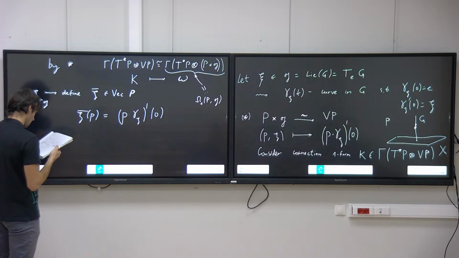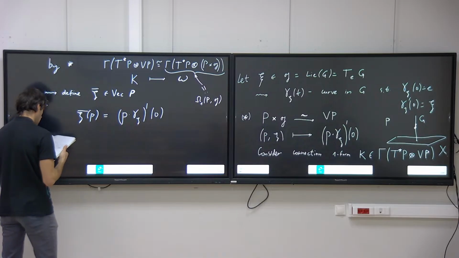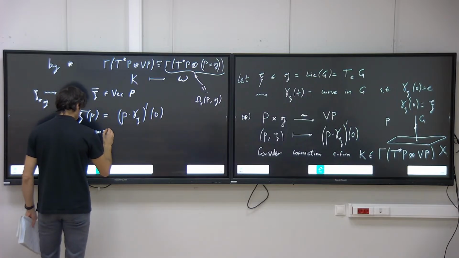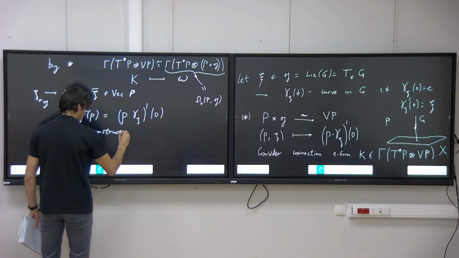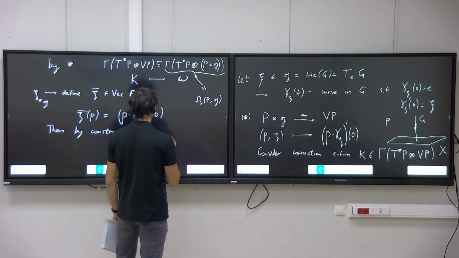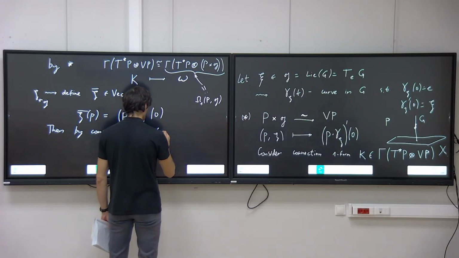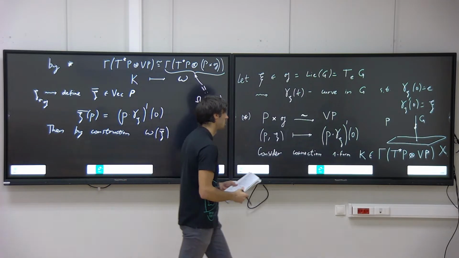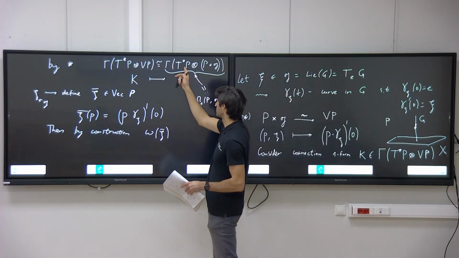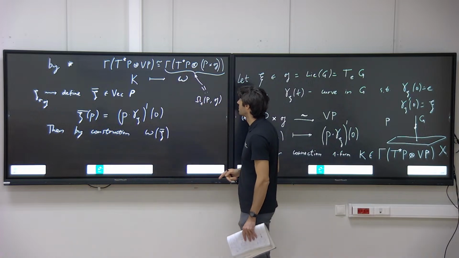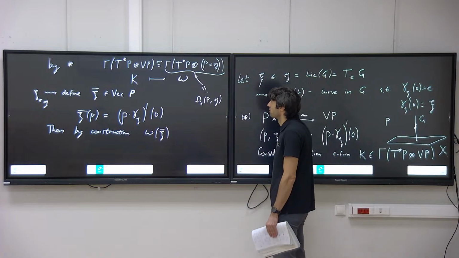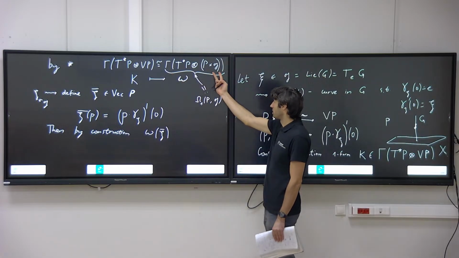All right. Then just by construction, omega is a one form. If I evaluate it at psi bar, so psi bar I put inside this entry, I will have a section of this trivial vector bundle.